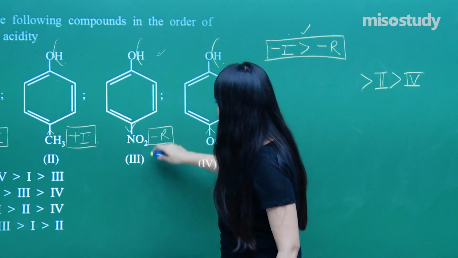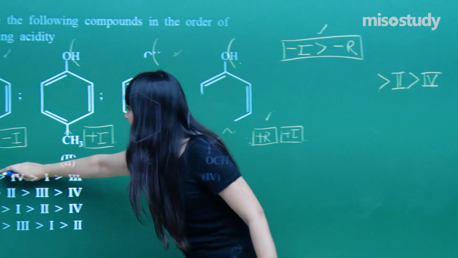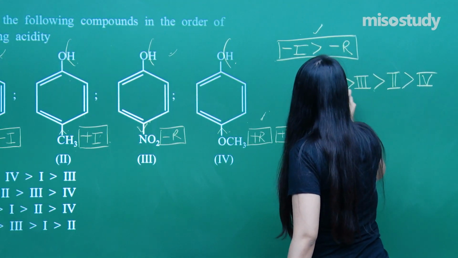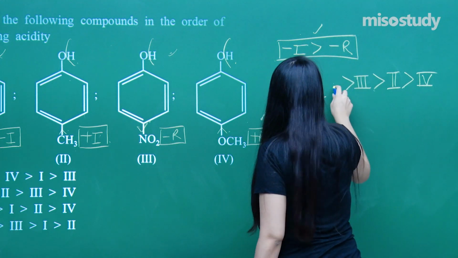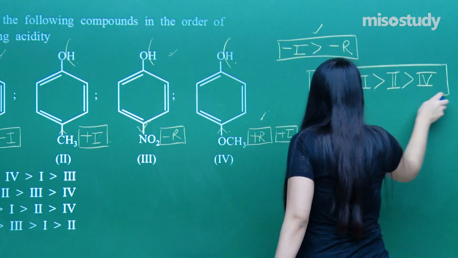Next would be the most acidic I need to choose now. Out of NO2 and Cl, it would be the third one, and highest would be the Cl that is showing the minus I effect. And what do we have here? That is the first. So that is the answer over here.